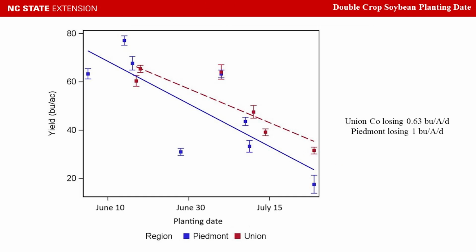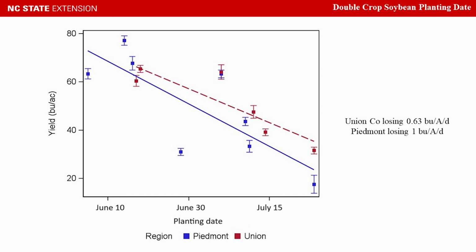All right, so if we look at planting beginning in early June out into the middle of July, which is generally when your double crop beans would be planted. When you push planting date past June 5th in Union County, you're losing 0.63 bushels per acre per day. That's what we found in this recent research, Union County sites over the past 5 years.